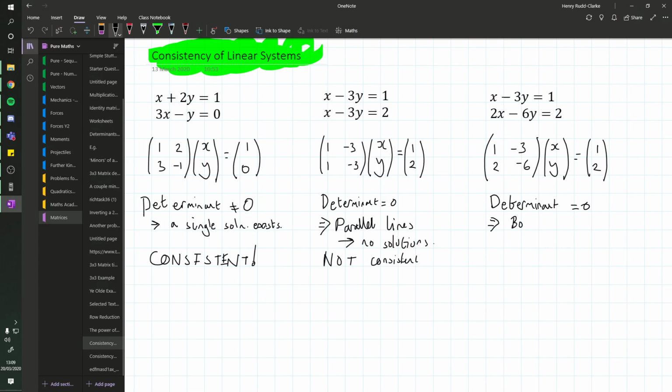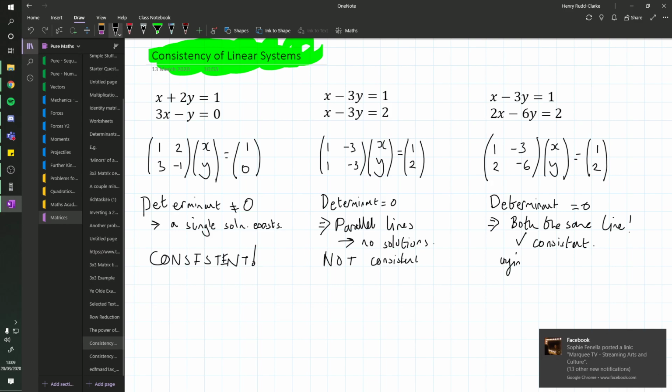That does actually mean that yes, they are consistent, and it also means that there is an infinite number of solutions.